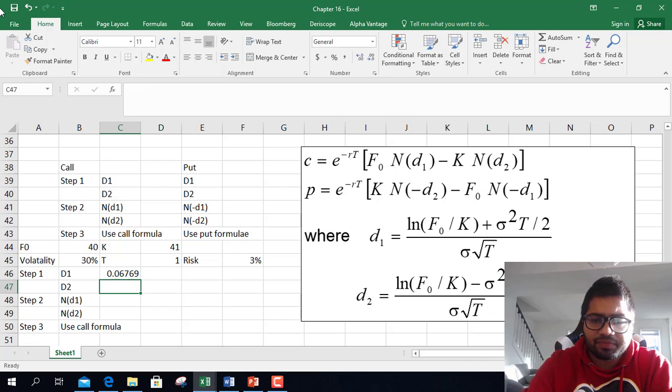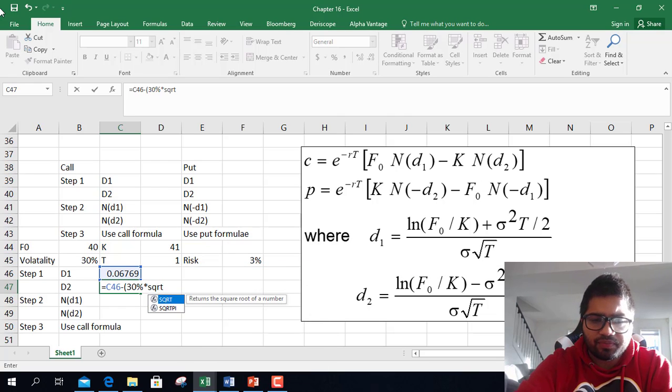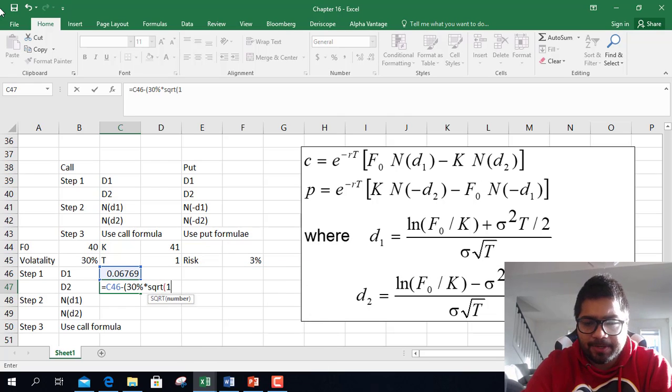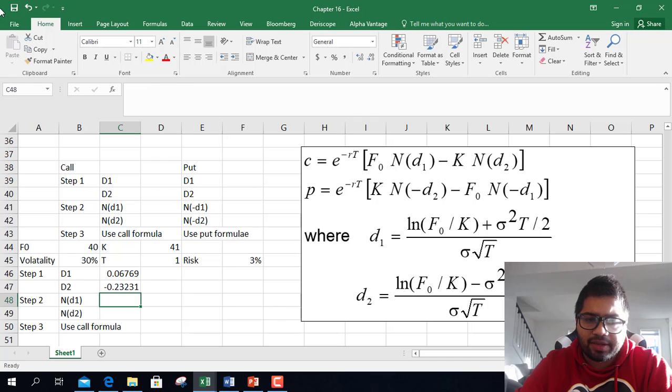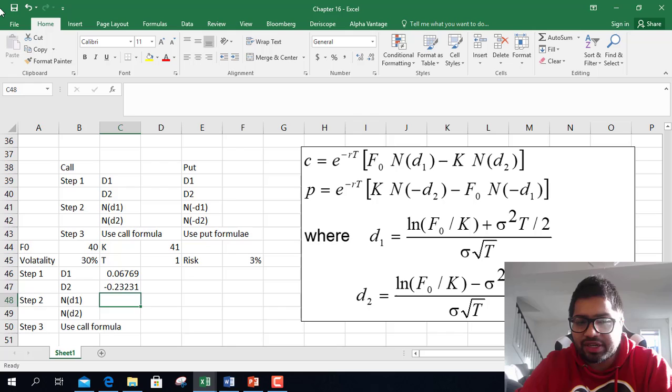So this is D1. D2 will be D1 minus sigma square root of T, so D1 minus 30% into square root of 1.